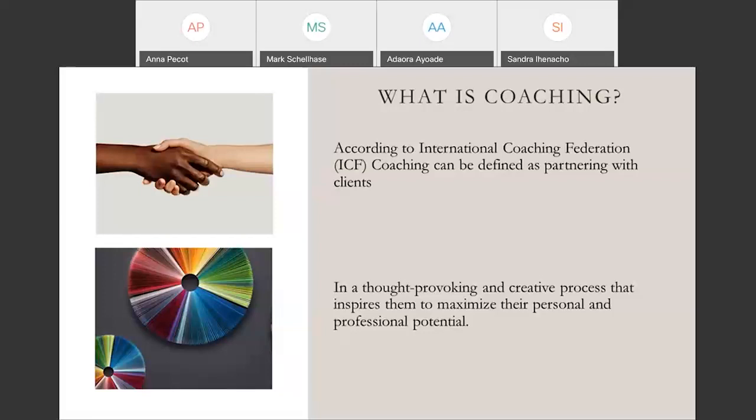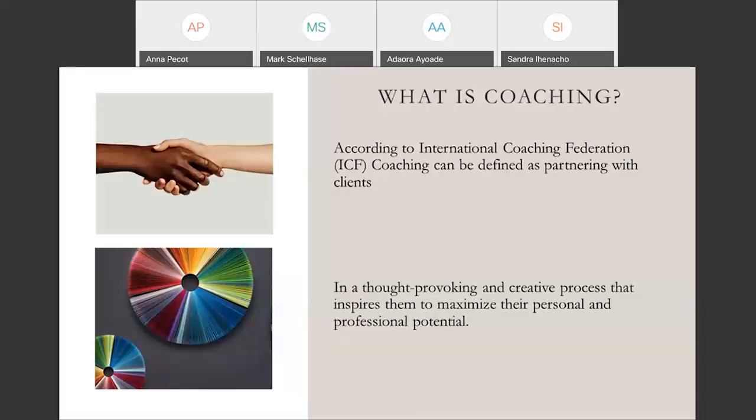Rather, you come together to partner to make this work, to ensure that the coachee achieves his or her goals, and to unleash the potential within himself or herself. Because really, everybody has something in him or herself.